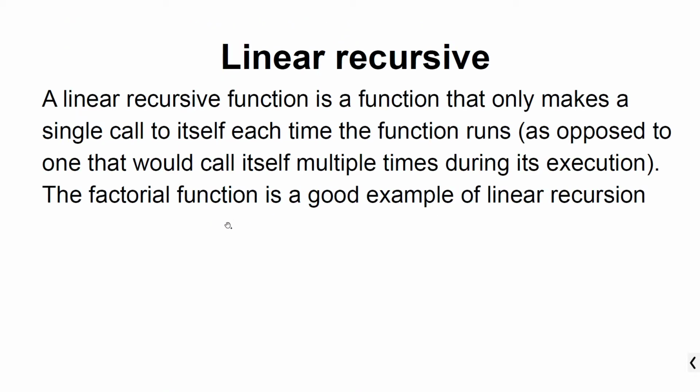Okay, and a linear recursive function is a function that only makes a single call to itself each time the function runs. Of course, it could call itself multiple times during its execution. The factorial function is a good example of linear recursion.